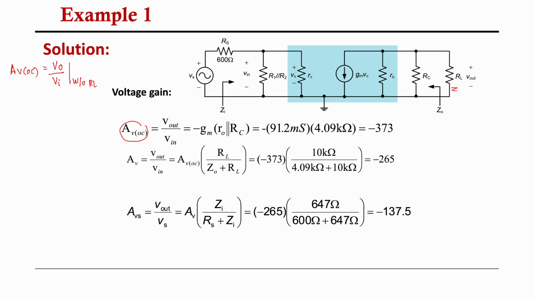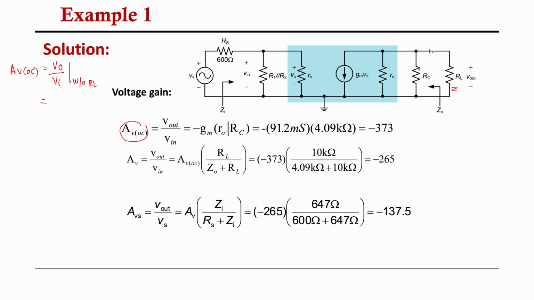If it is without RL, what is our V out? Where is our V out? I need to use my laser. So here is our V out. Let's not consider the RL first.